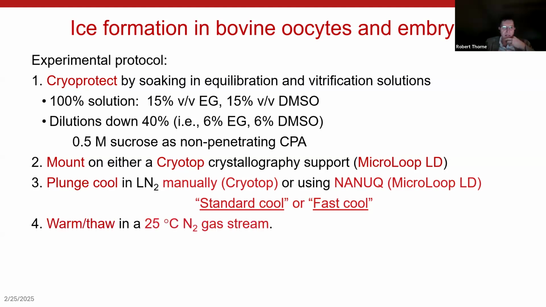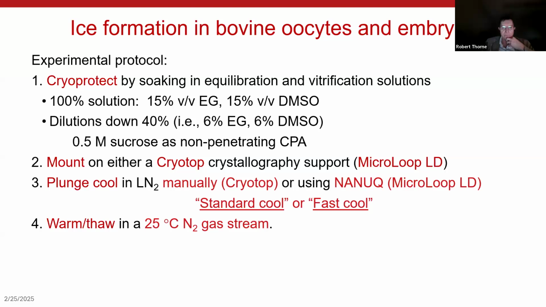To warm these, we wanted to look at what was going on in the X-ray beam, and so it wasn't easy to just plunge these into a bucket of water. So we, in fact, warm them in the X-ray beam using a room temperature nitrogen gas stream.